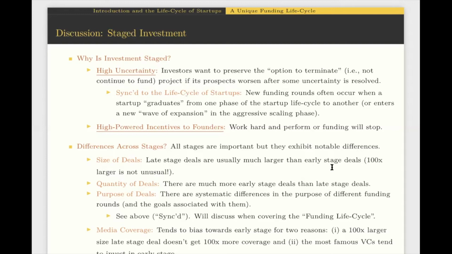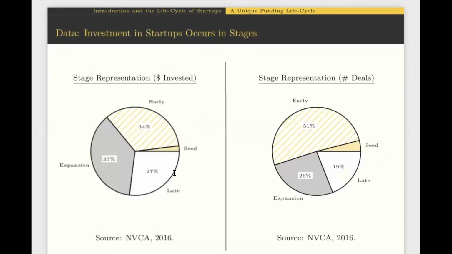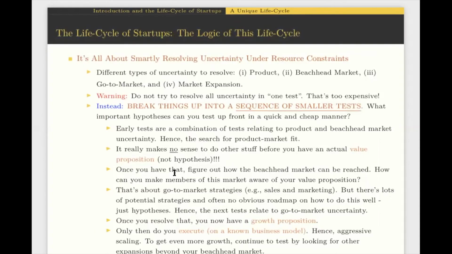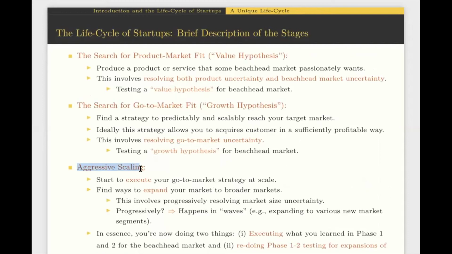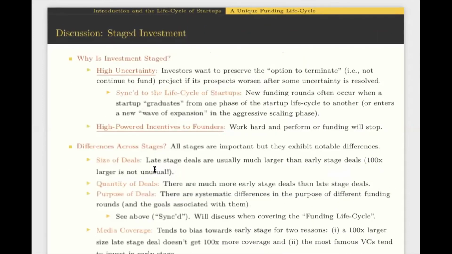So if we compare, for instance, seed stage with a later stage aggressive expansion funding round, it's not uncommon to see the later stage funding round being up to 100 times or more larger than the earlier seed stage rounds. So as you get to later and later rounds, especially once you enter into aggressive scaling, the size of funding rounds becomes larger.